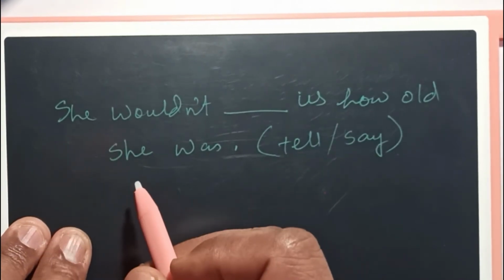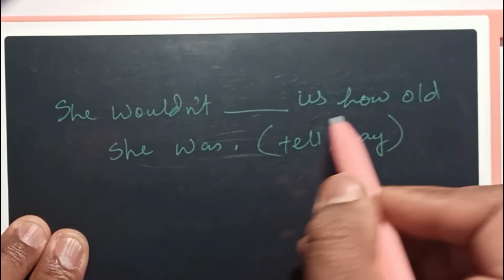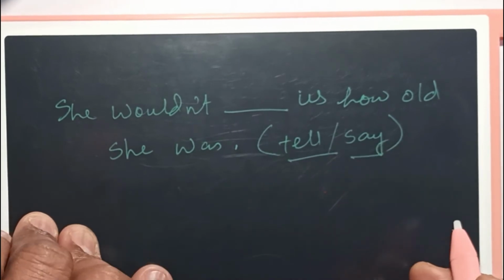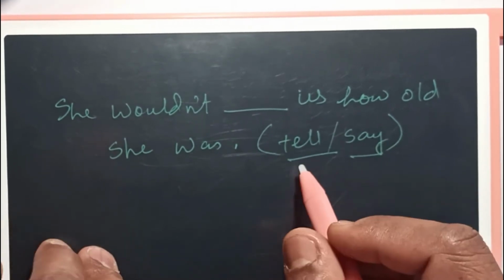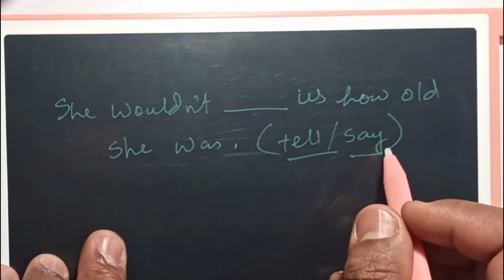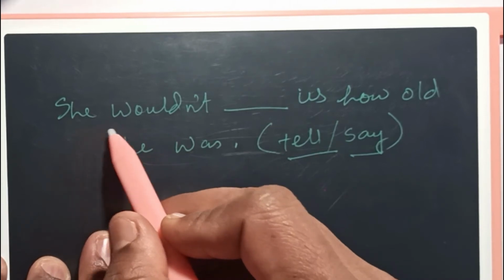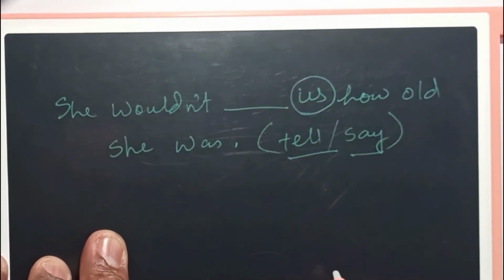Now in this case, she wouldn't tell or say us how old she was. Both the options are synonymous, and that's why they have similar meaning. But the only trick that we can play in this case is she wouldn't, this personal pronoun is used.